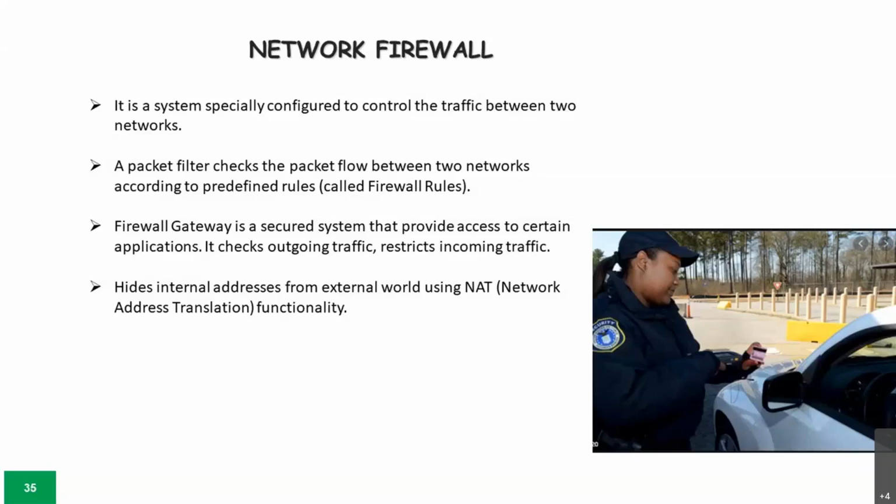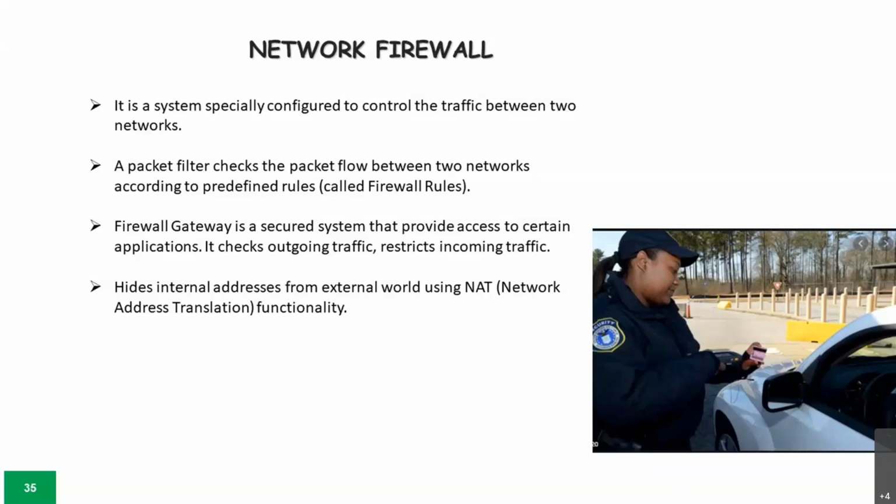Based on these policies, inside traffic goes outside or outside traffic goes inside the LAN. Based on these policies, unauthorized traffic is not allowed by this firewall. In this way, the firewall protects our inside LAN from the outside network.